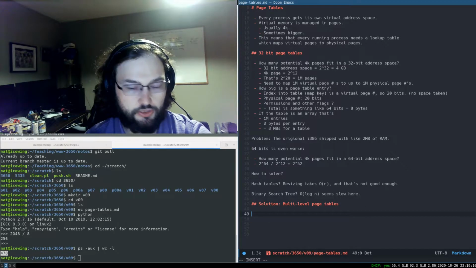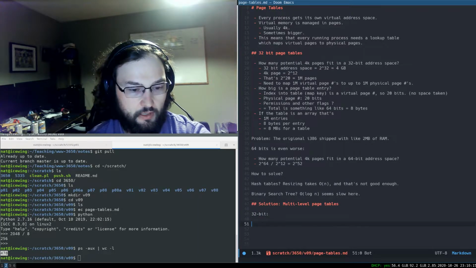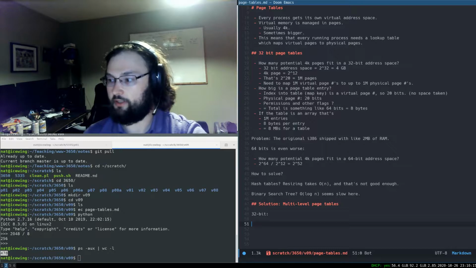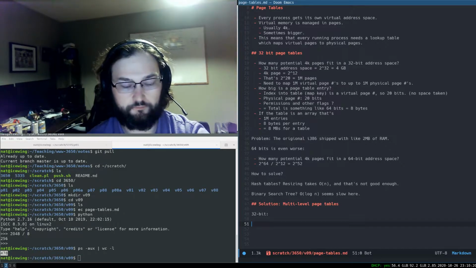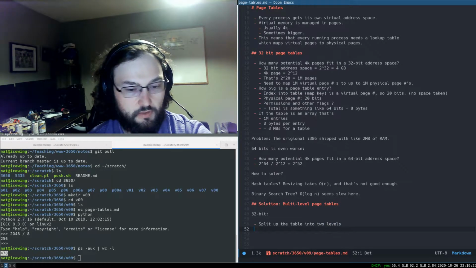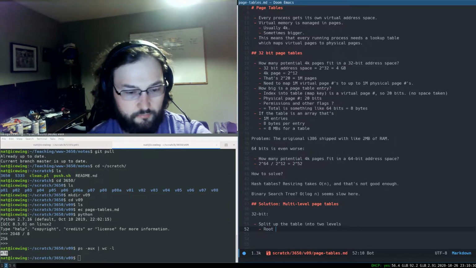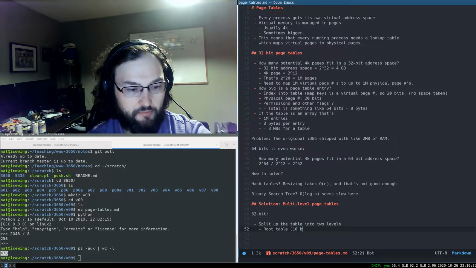So the solution that they actually came up with for 32-bit Intel systems is that we're going to split up our table into 2 levels. So we're going to have a root table that we're going to use to look up the first 10 bits.